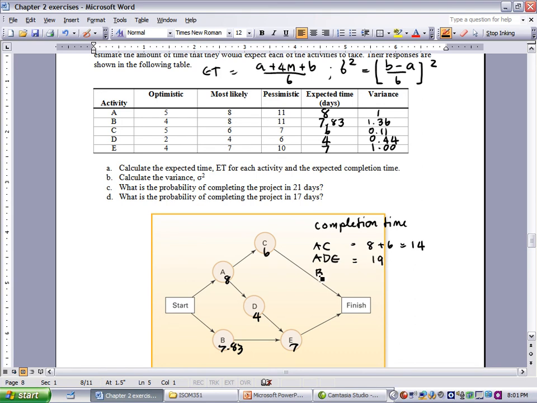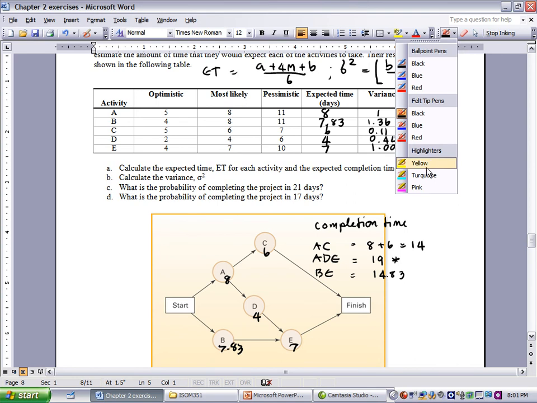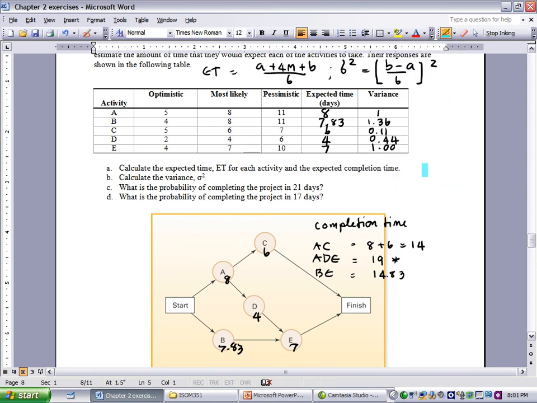And then we have activity path BE with about 14.83. As you can see, the longest path is ADE, which is the critical path. Why don't we just highlight it also? ADE is the critical path, and the completion time of this is 19.